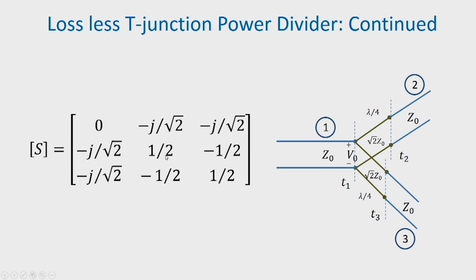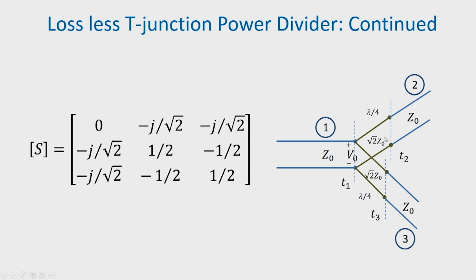Once again, the reflection coefficients at the other 2 ports 2 and 3 are non-zero and equal because of the symmetry, half and half, and therefore, this power divider is also not matched at the output ports.